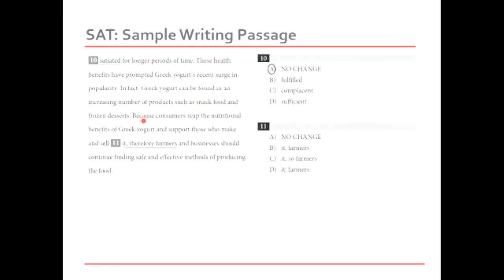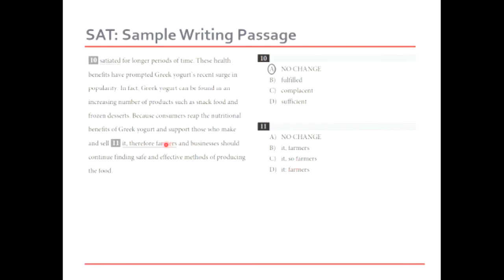The sentence already begins with the part saying, because consumers reap the nutritional benefits of Greek yogurt and support those who make and sell it, farmers and businesses should continue finding safe and effective methods of producing the food. And then if you remove therefore and you put a comma, that would work as well.